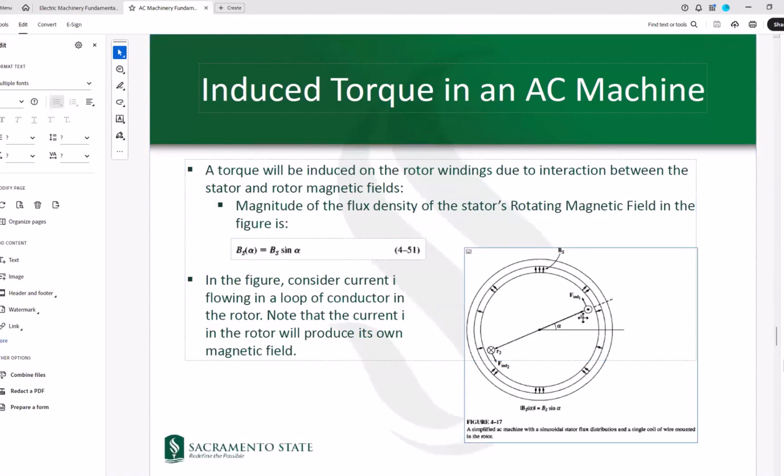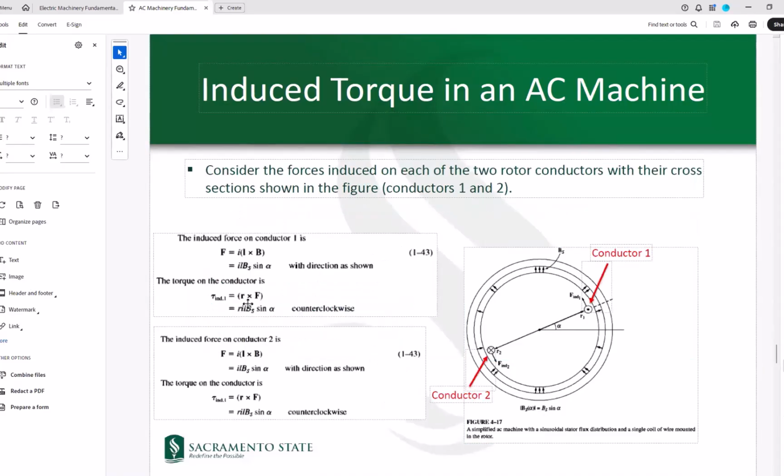And now, let's say that you have some currents flowing in the conductors in the rotor. This is showing one loop of conductors in the rotor where the current is coming out and then going in. The current that flows inside the rotor will cause its own magnetic field, which we call the rotor's magnetic field. So here we have two magnetic fields.